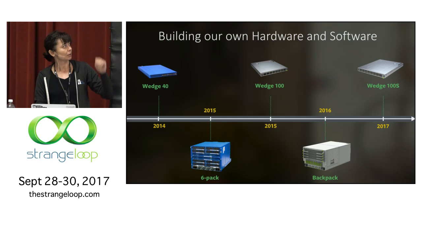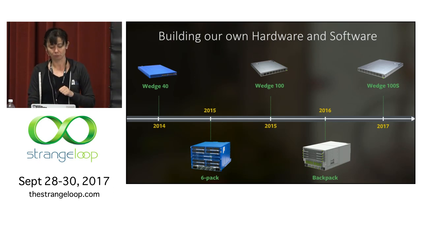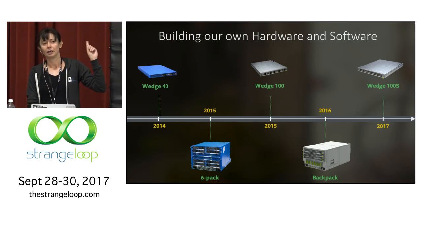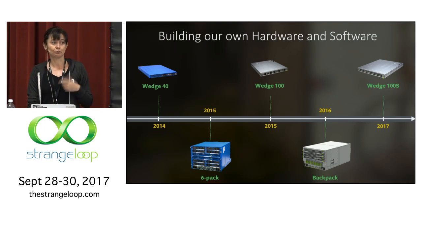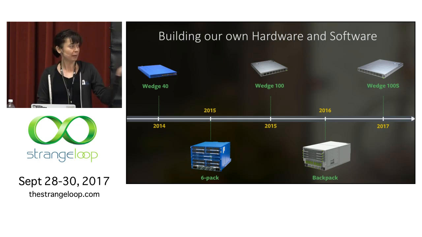As I mentioned, a couple of years ago we started with the wedge. This is the top of the rack switch. It's 40 because it was for 40 gig networks in data centers. Then we moved down to the fabric switches. One interesting thing, going back to that principle of modularization, is that this is designed to be one box, but inside it's 12 wedge switches.